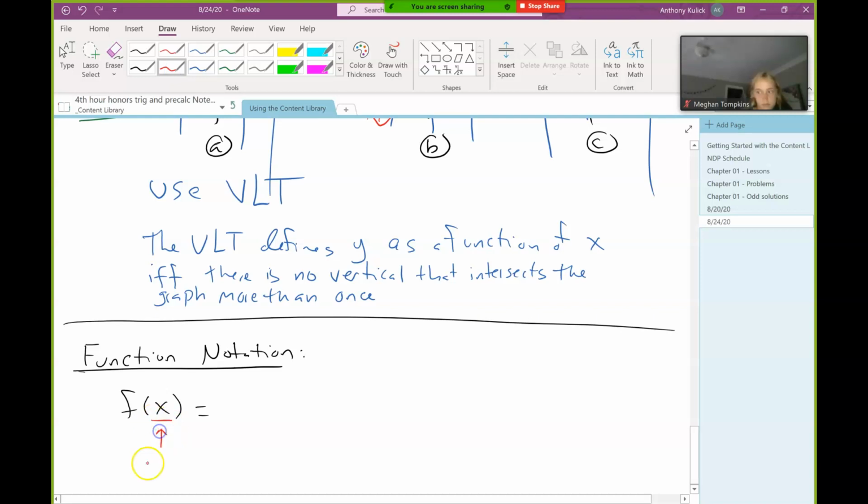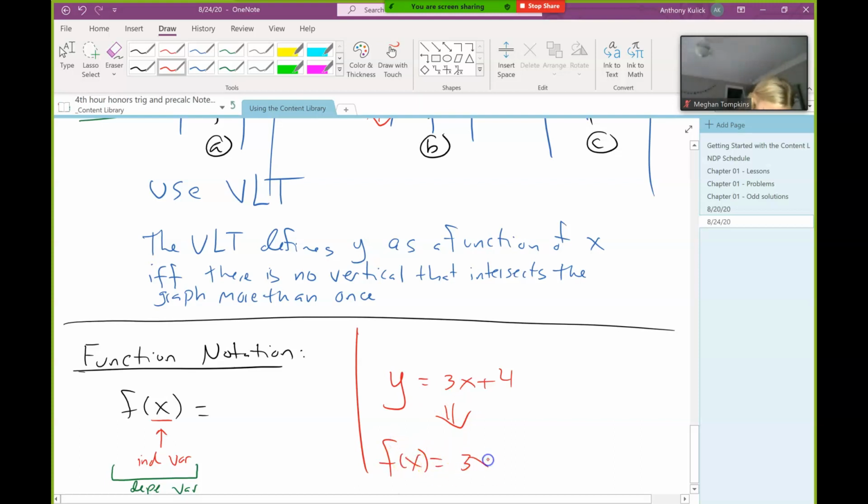Where the x is our independent variable and the f of x is the dependent variable. So basically what we're saying is that if you had y equals 3x plus 4, that's the same as f of x equals 3x plus 4, right?